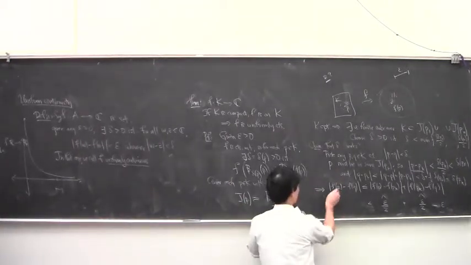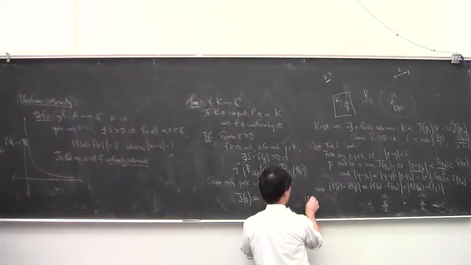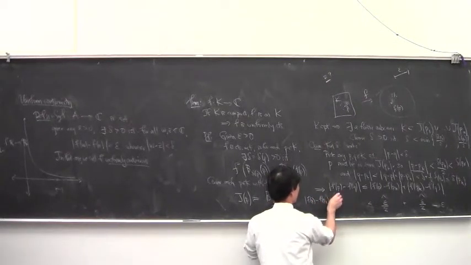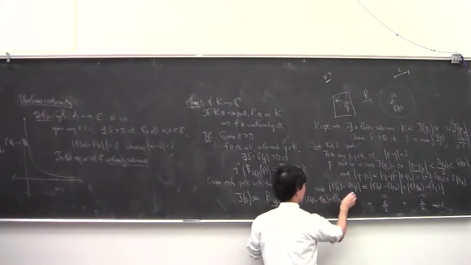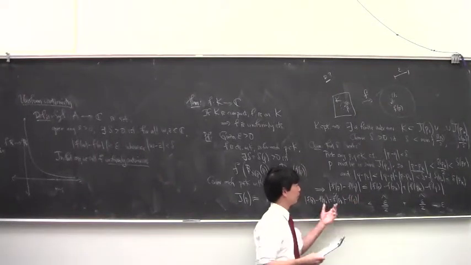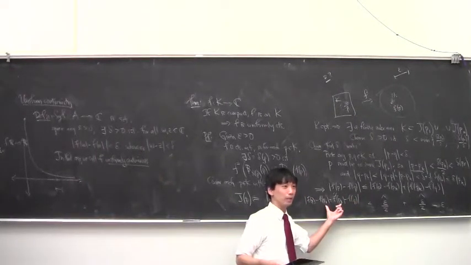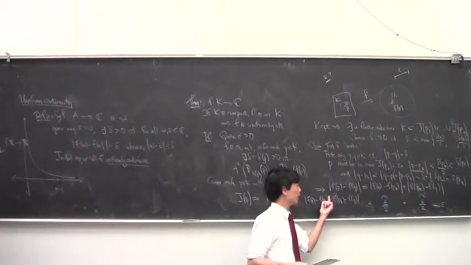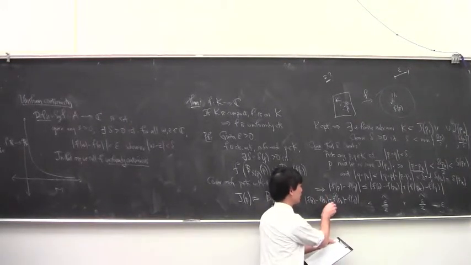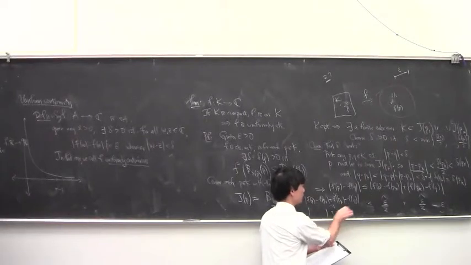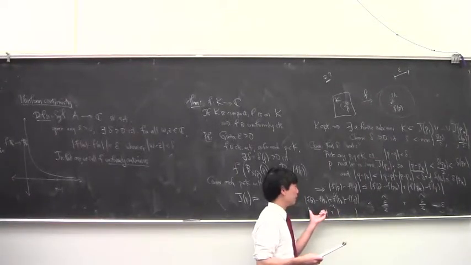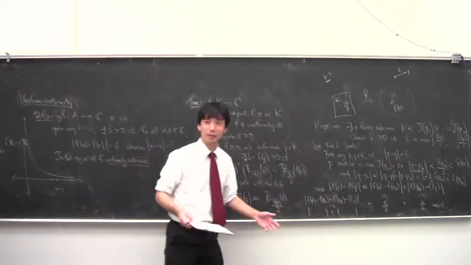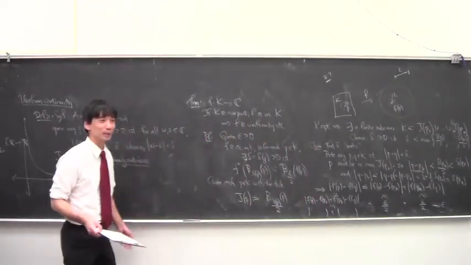We say this f of p minus f of q is the same thing as f of p minus f of pk plus f of pk minus f of q. We throw in our fancy looking 0 as always. And then we use the triangle inequality to say that this is less than or equal to this thing plus that thing. And we can control each of these things. So that's the analyst's strategy always.